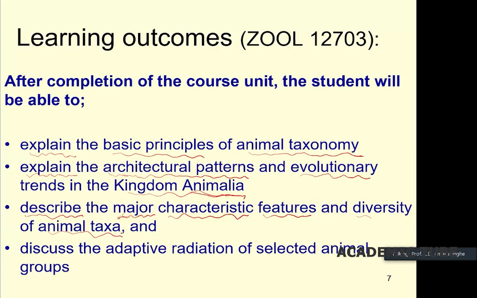Individual animals, their characteristic features. And not only just characteristic features, major characteristic features, three important words you are going to describe correctly at the end of this course unit, and their diversity.